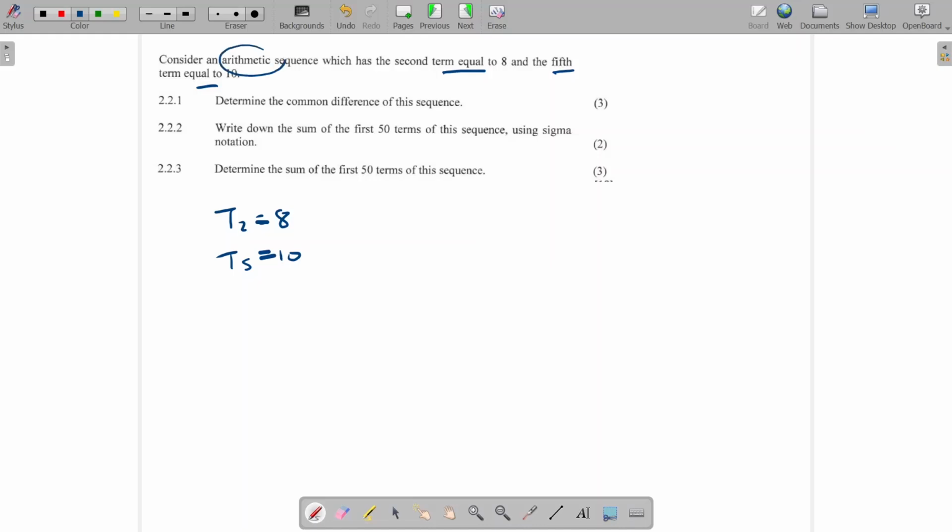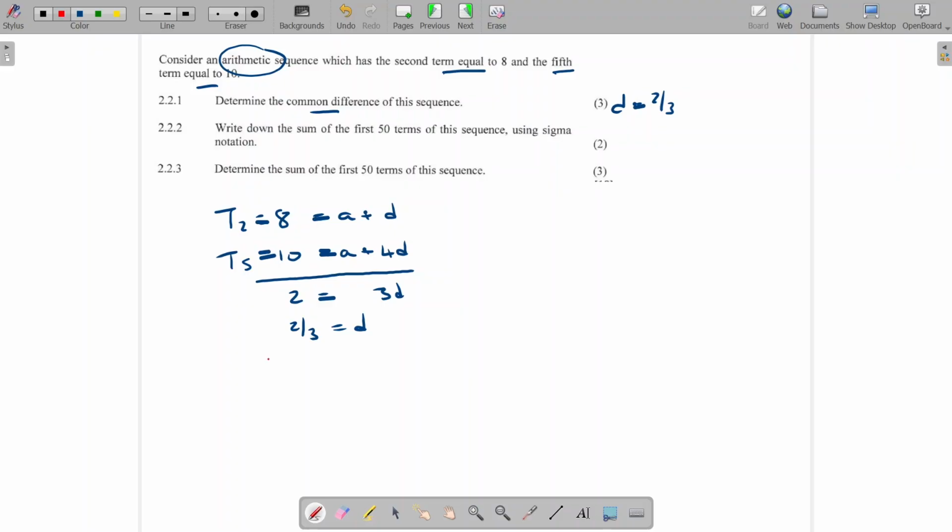More importantly, they're telling me it is arithmetic. So I know that this is a plus d, and this is a plus 4d. As a result, I should be able to see that 2 equals 3d, so 2/3 equals d. I've got my common difference: d equals 2/3.